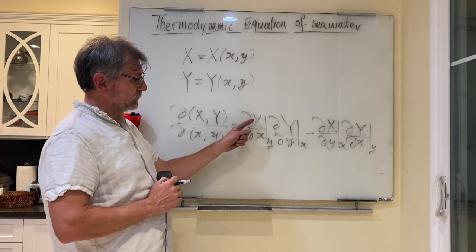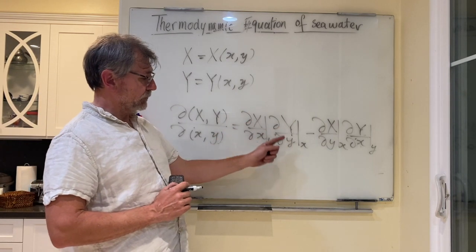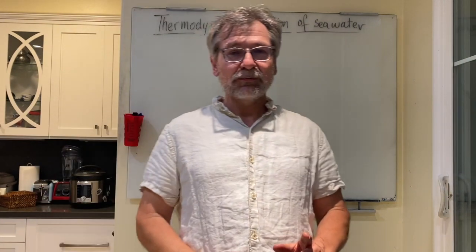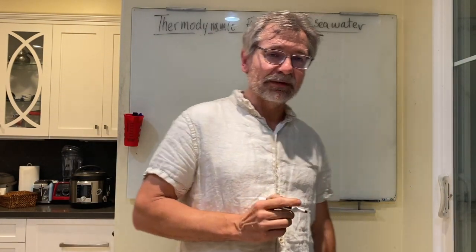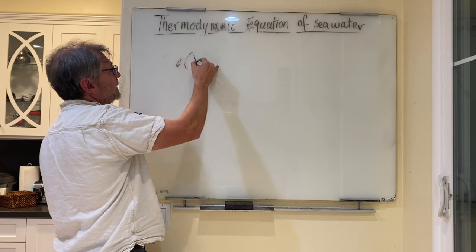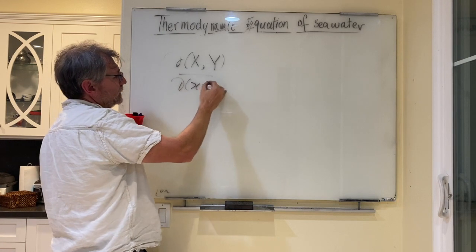So these are the variables that are being held fixed in these partial derivatives. When I take a partial with respect to little x, I hold little y fixed, and conversely, when I take a partial with respect to little y, I hold little x fixed. All right, a few more useful properties of these Jacobian determinants. Suppose I have the Jacobian of big X, big Y with respect to little x and little y.